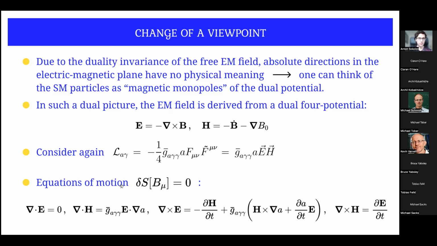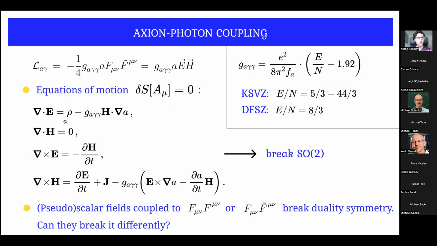And when we vary with respect to the other four-potential, we really get the other version of the axion Maxwell equations. So for instance, before we had divergence E proportional to some effective electric charge from the gradient of the axion field.